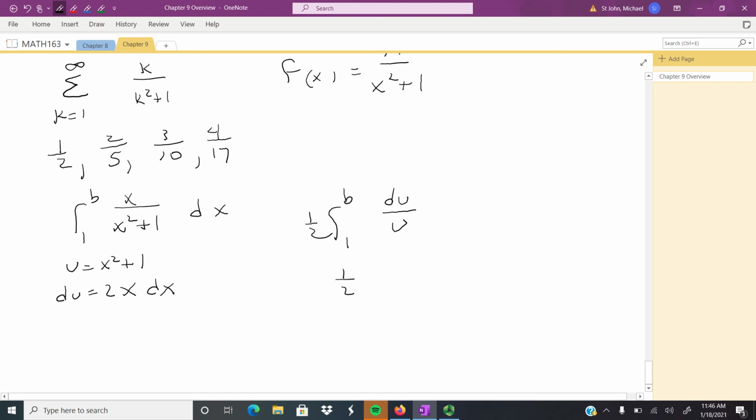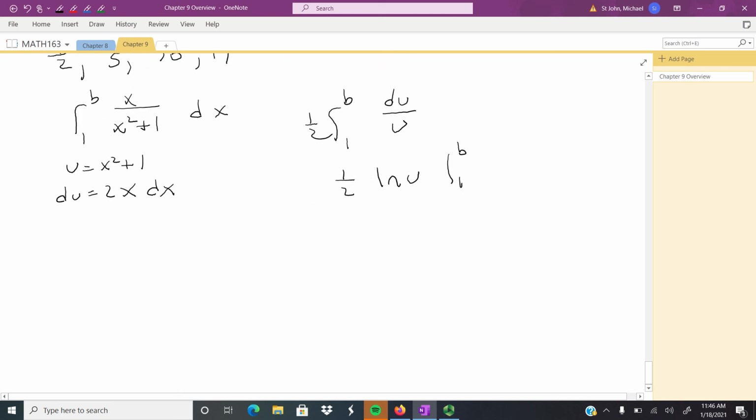If I integrate this, it'll be the natural log of u evaluated from 1 to b. So this will be 1/2 the natural log of x squared plus 1 from 1 to b.